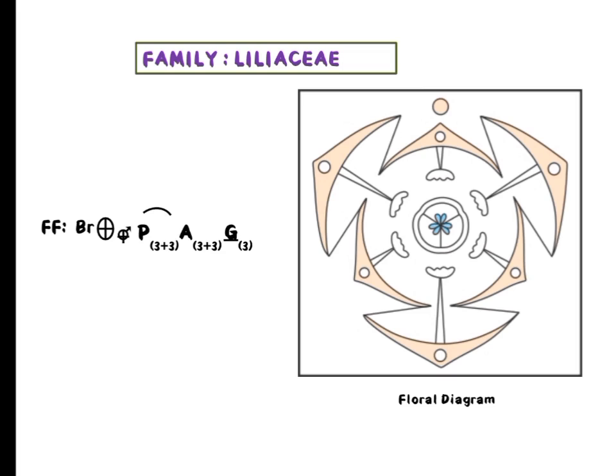We put a line between the androecium and perianth to indicate the adhesion between the stamens and the tepals. And finally the gynoecium is tricarpellary, syncarpous and superior. That's why we mark a line under the letter G. So these are about the floral diagrams.